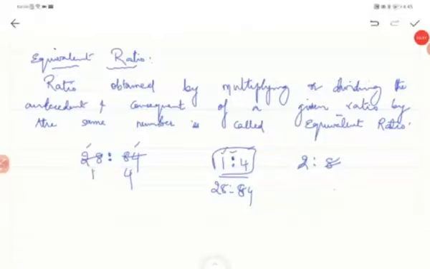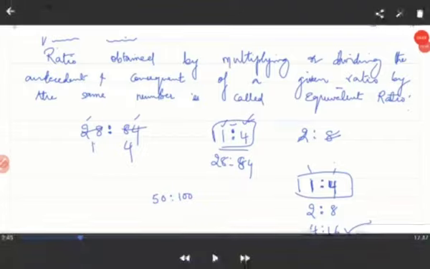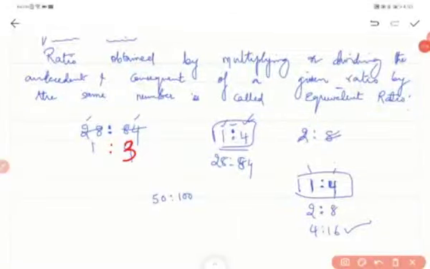Now the ratio given is 1 is to 4 and they're asking us to find equivalent ratios of it.